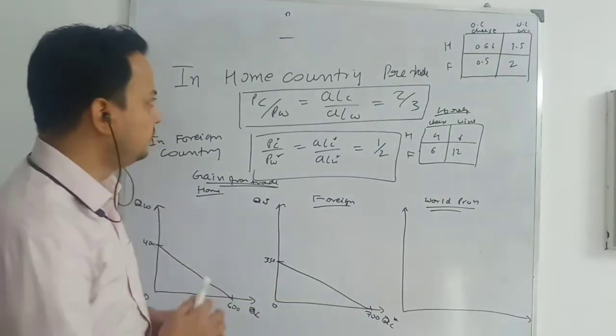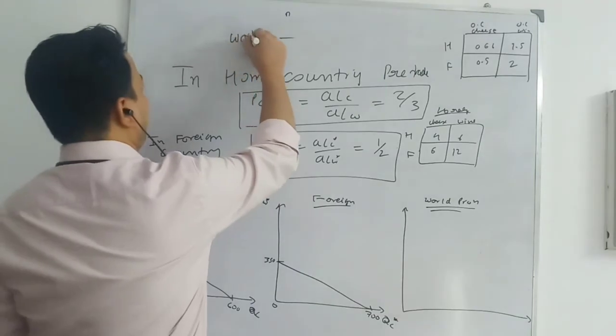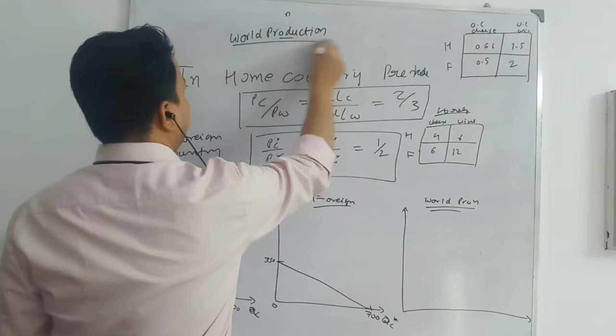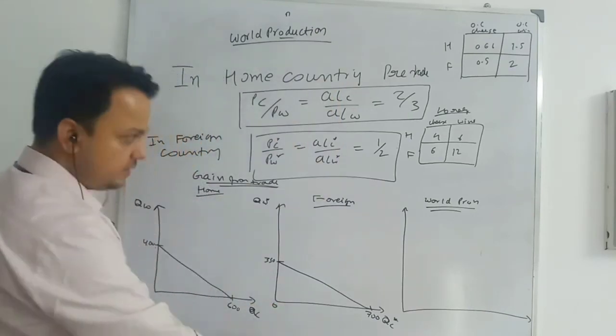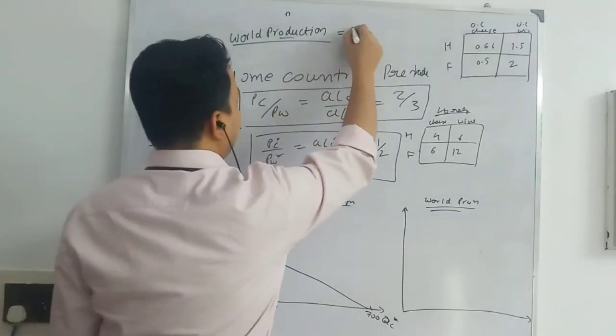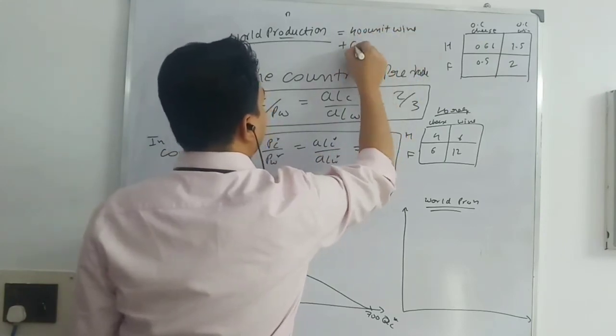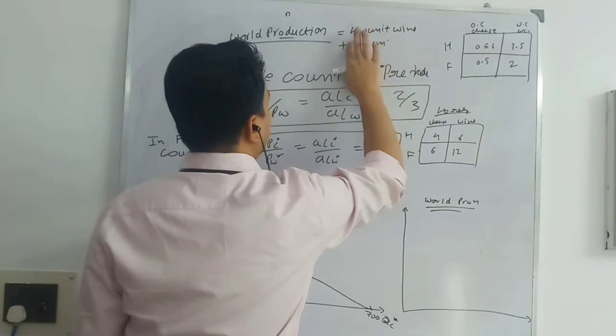What is the world production? Write down after this in the next line: world production will be 400 units of wine plus 700 units of cheese.